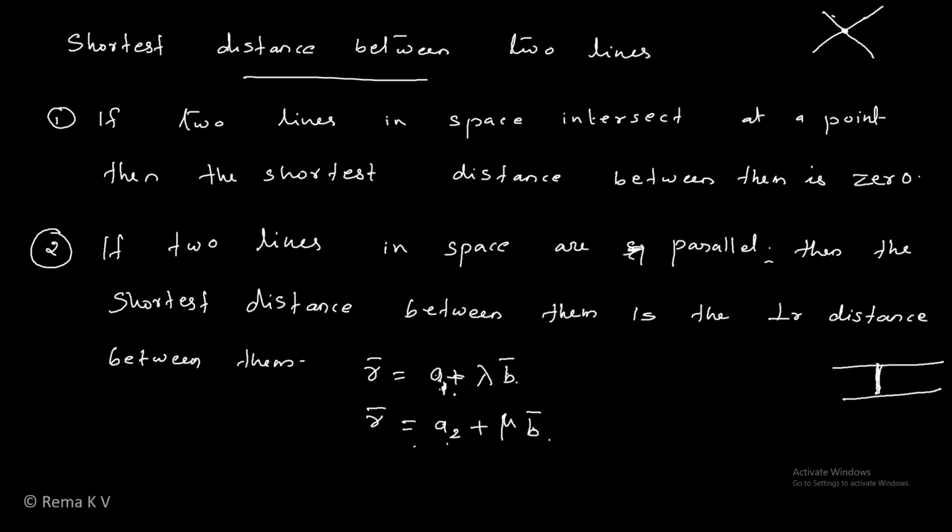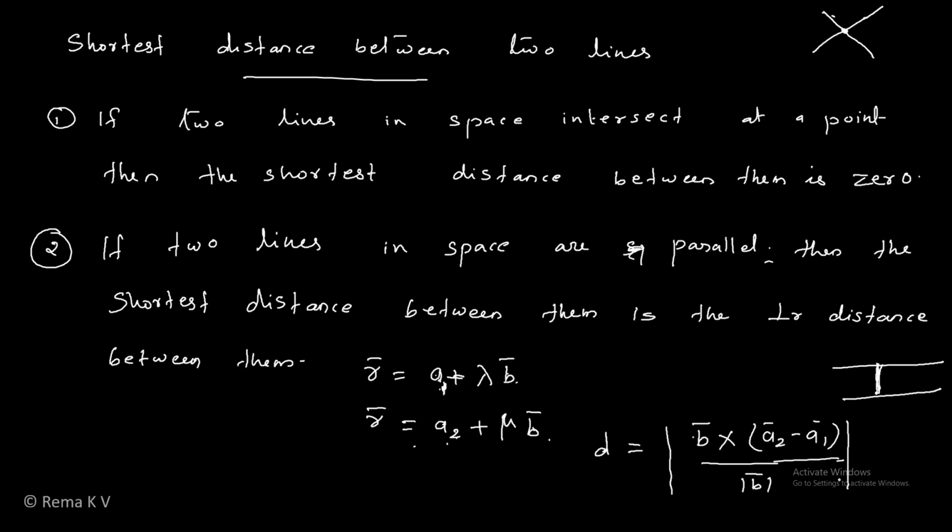So to find the shortest distance between them, the distance is denoted by d, and this is equal to modulus of vector b cross a2 minus a1 divided by modulus of vector b.